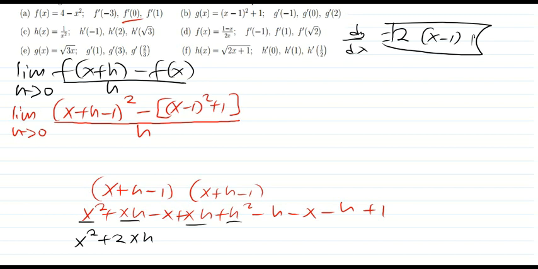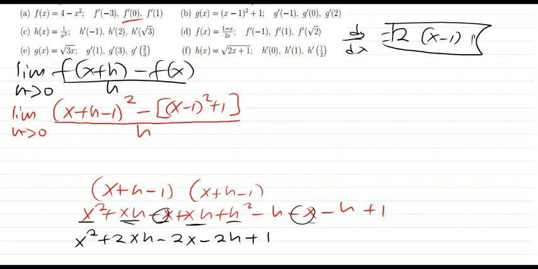Also we have negative x and negative x, which is going to give us negative 2x. We also have negative h and negative h, which give us negative 2h, then plus 1. So this is alone and this is alone. This has added up with that one, and this has added with that one to give us negative 2x. Then h and h, negative 2h.